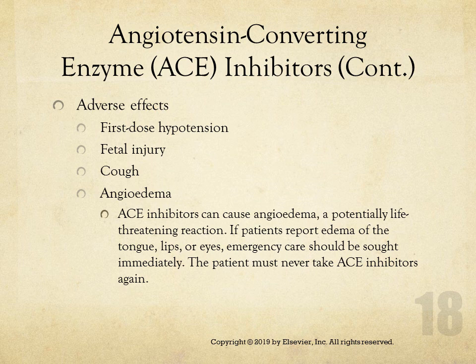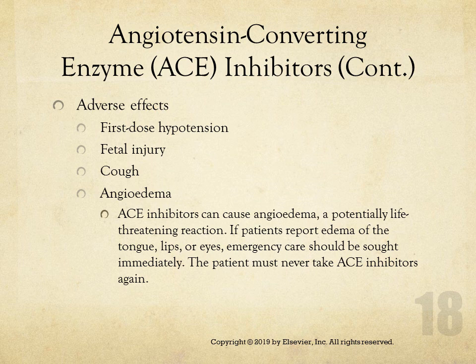You're going to have first dose hypotension, which is what it says, that with that first dose, the patient's blood pressure may drop. So you need to warn the patient when they first start taking this for the first few days. They want to make sure that they get up slowly so that they don't have that orthostatic hypotension.